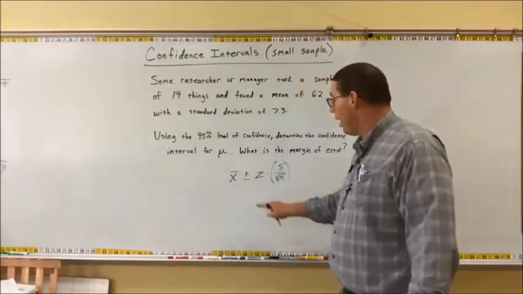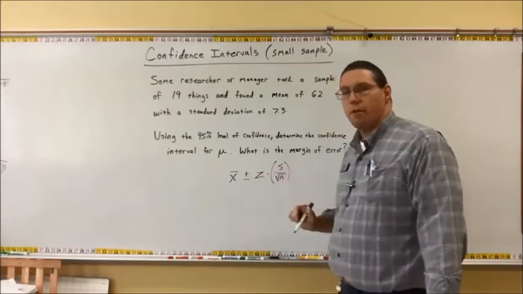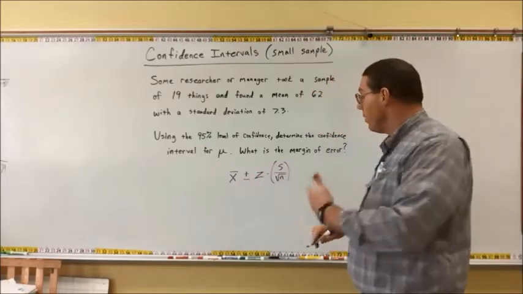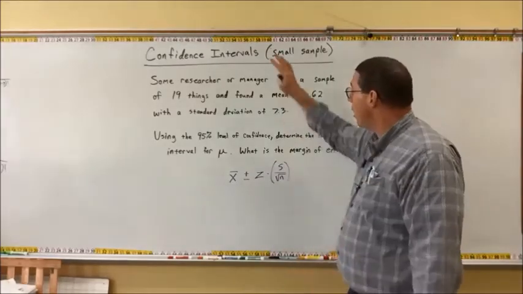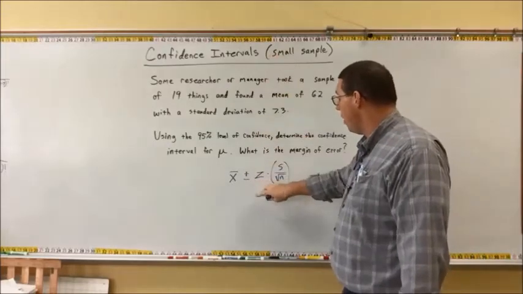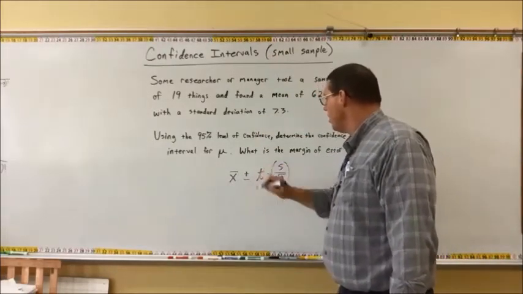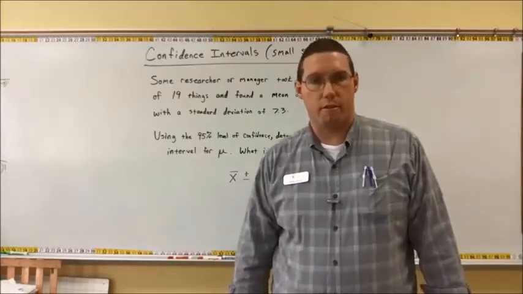So really, what we have here is x bar plus or minus z times the standard error. So now, the only difference between doing a confidence interval with a larger sample and doing a confidence interval with a smaller sample is we're going to get rid of the z and we're going to put a t-score in there instead, a t-statistic. Okay?